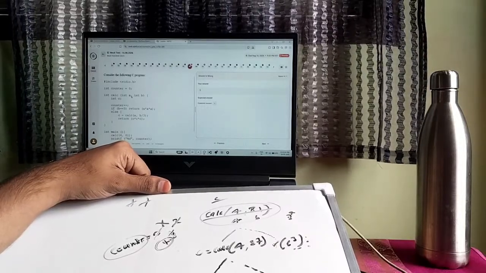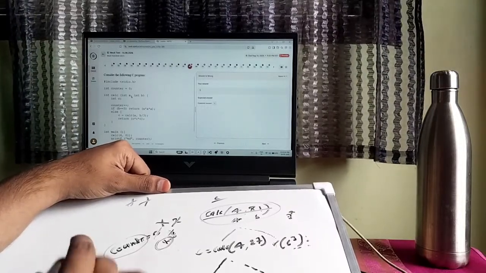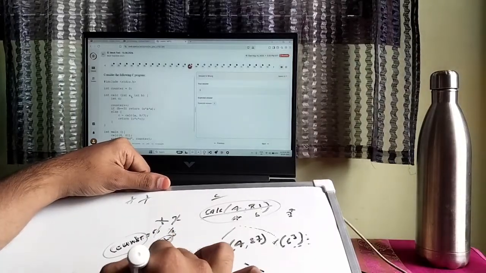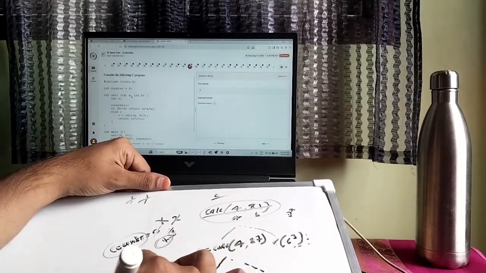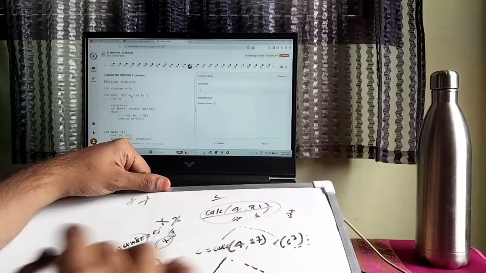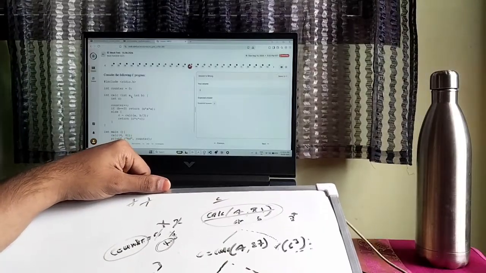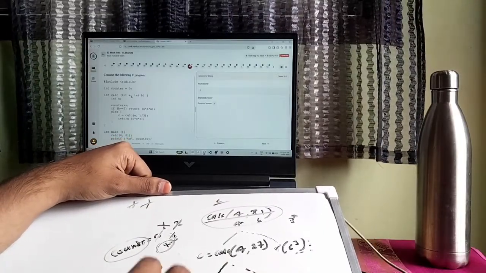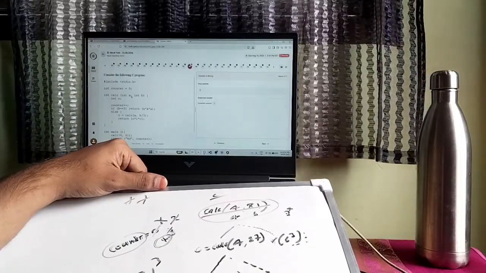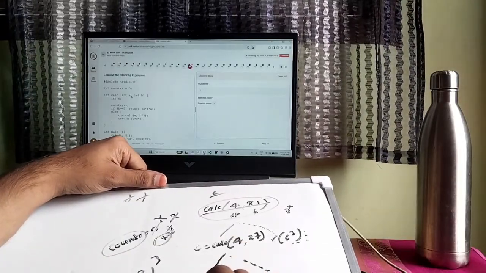What will 4 cube become? Is it true that 4 cube whole cube will become 4 power 6? Yes, that's right. So it will become 4 power 6.